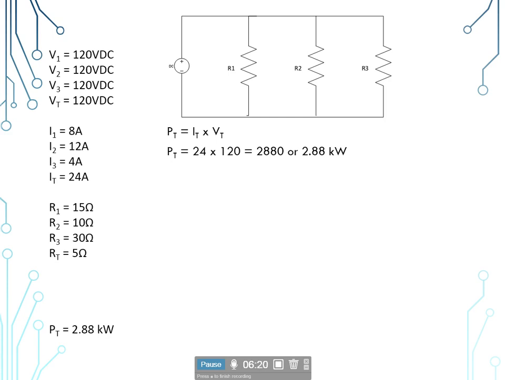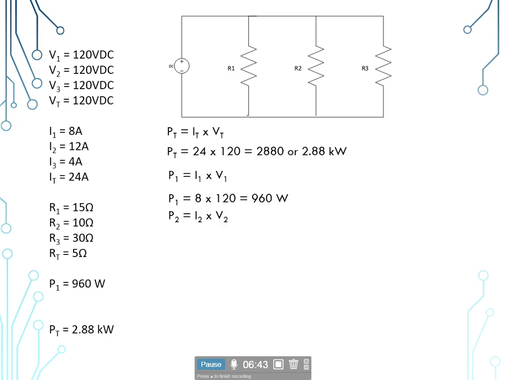In electricity, we speak metric notation, so we would call that 2.88 kilowatts. P sub 1 is I sub 1 times V sub 1. So I sub 1 is 8 amps, V sub 1 is 120 volts. Multiply them, that gives us 960 watts dissipated by that first branch.